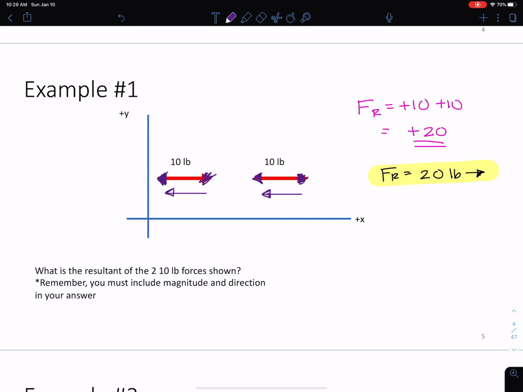I would have negative 10 minus 10 equals negative 20. My answer would be the resultant is equal to 20 pounds to the left. And that's how I would write that.